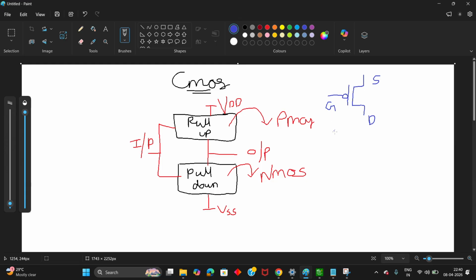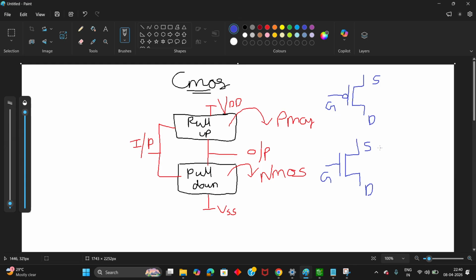We are always going to apply input at the gate terminal. Okay, let us see the NMOS as well. This is the NMOS diagram: source, drain, and then gate. We are going to apply our input at the gate terminal of both PMOS and NMOS.